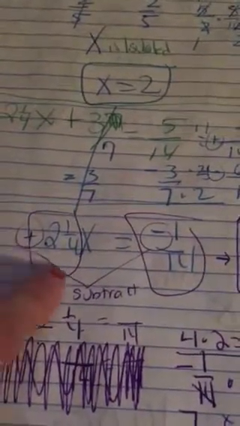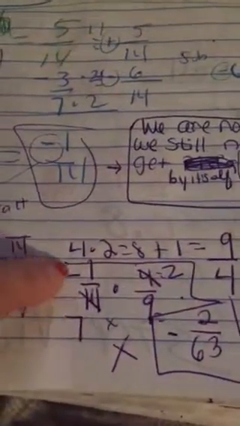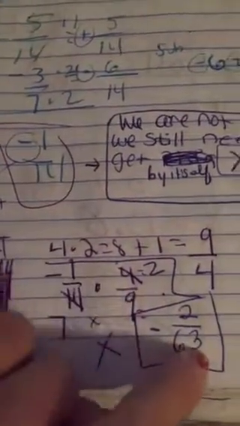And so we are going to make a subtraction out of this. We're going to cancel. And when we do, we get -2/63. How? Because when we cancel out, we get 2, and then 7 times 9 is 63.